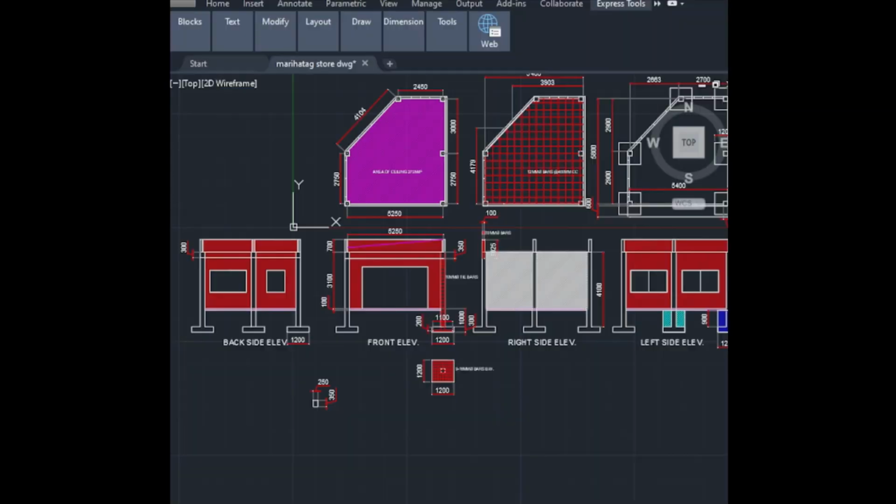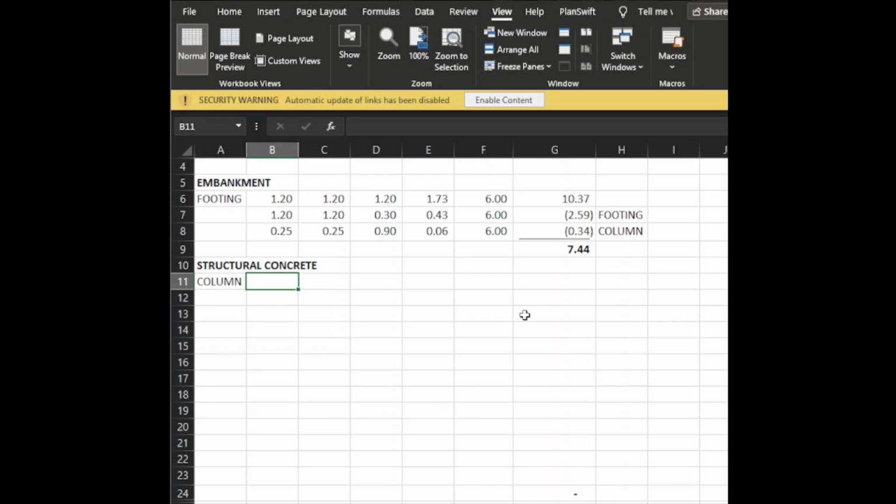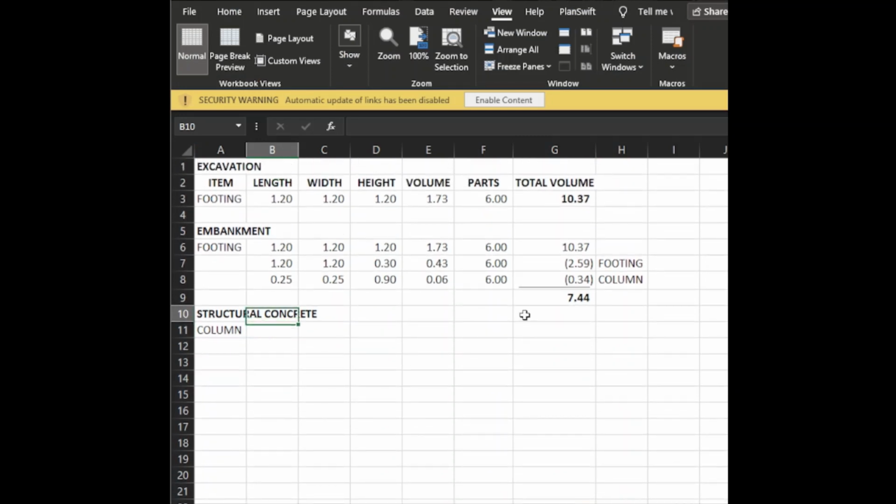Our column size is, so we will use this data here. We will also take the volume of the concrete. This one is 0.25. The width is also 0.25 because you have 250 width and length of the column.